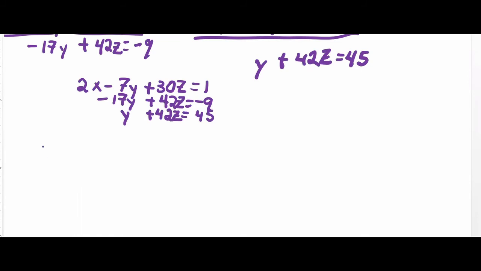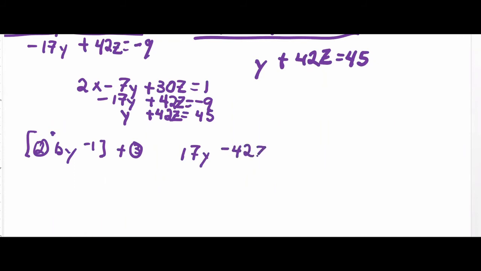If I take my new equation 2 and multiply that by -1, again, this is my own notation, add that to equation 3, then we've got 17y minus 42z equals 9.